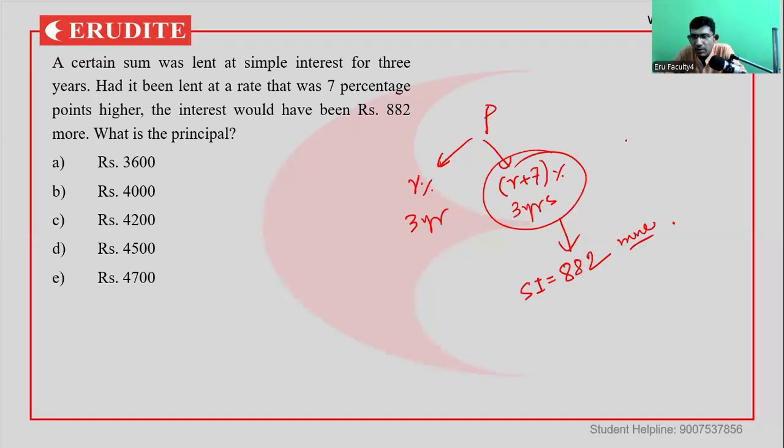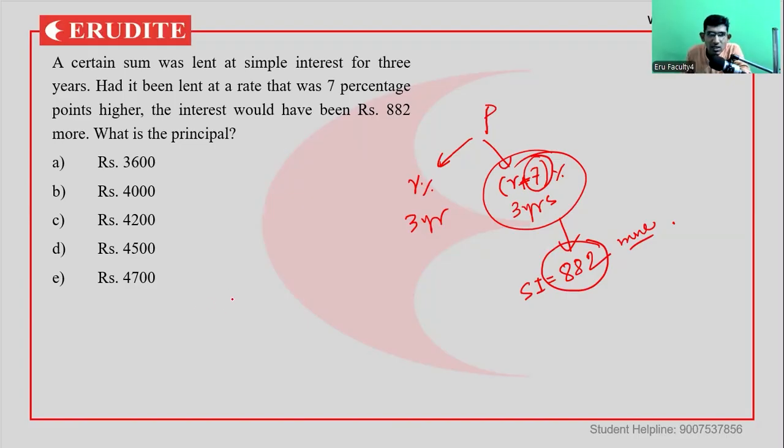But instead, if I apply basic logic, the logic is: why am I getting simple interest of 882 more? Because my rate of interest is 7% more. So in other words, the interest on this principal P for 7% at 3 years is 882.